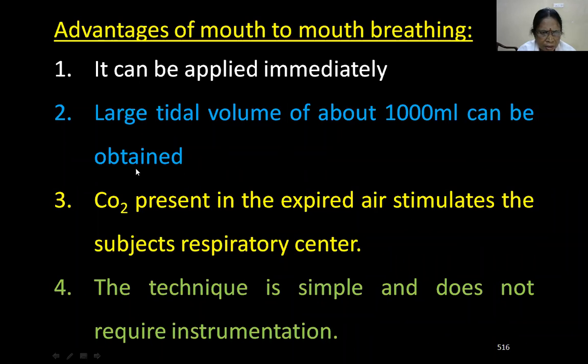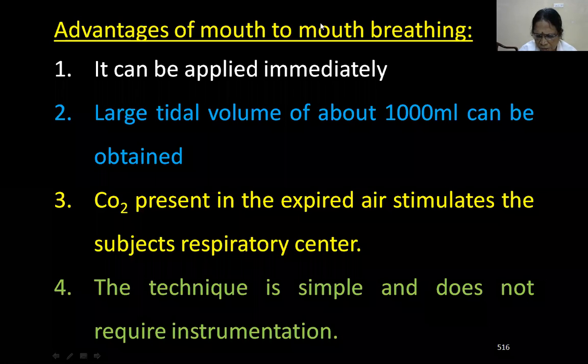Now the carbon dioxide is present in the expired air. Whatever expired air you're blowing into the mouth contains carbon dioxide, and as we all know, carbon dioxide is a respiratory stimulator, converting into hydrogen ions and then stimulating the chemical respiratory center. The technique is simple and does not require instruments. All these things are advantages.